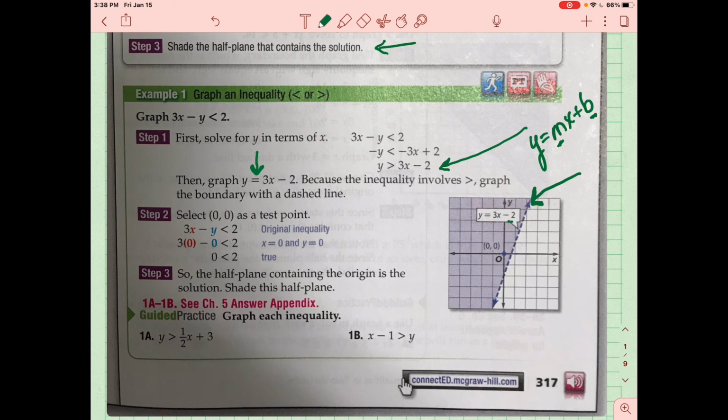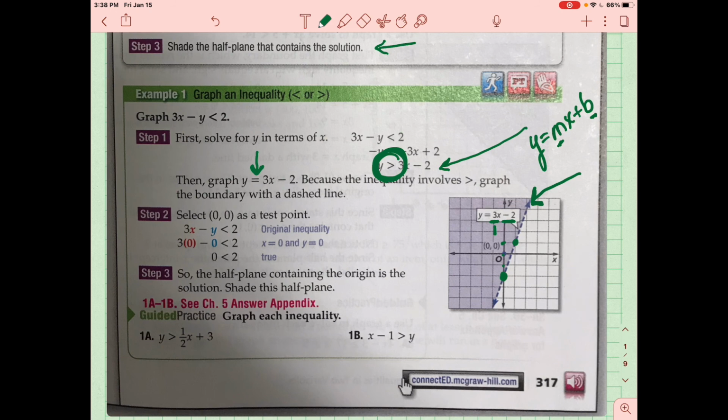What we do is we look at the y-intercept, which is negative 2, and then we look at the slope. 3 means rise 3, run 1. So we go up 3 and then over 1, and then we connect the dots with a line. In this case, we're going to use a dotted line because this is a greater than, not a greater than or equal to.